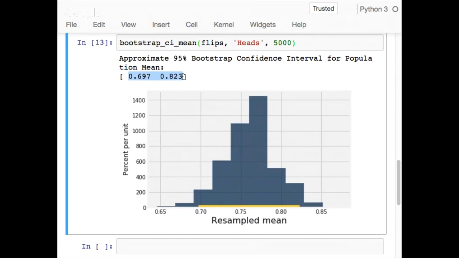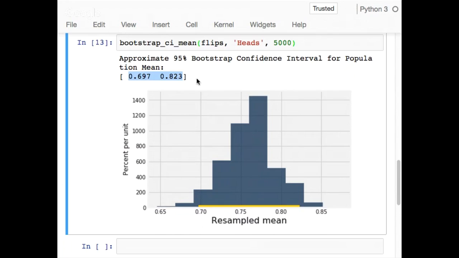Basically, my null hypothesis is that my coin is fair, so once I construct that confidence interval, I can just check to see whether 0.5 is in my interval. If my null hypothesis is my coin is fair, then the chance to get heads is 0.5. And I can just look at my confidence interval and see, does it contain 0.5? No. So it seems like my coin's chance of landing heads is not 0.5.